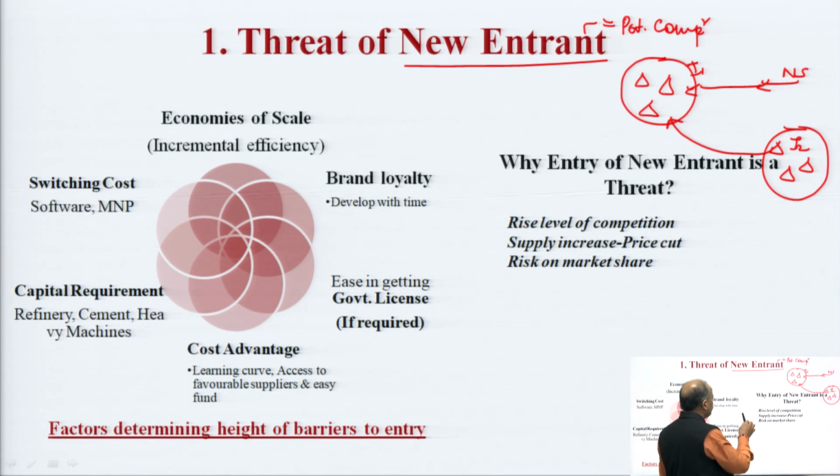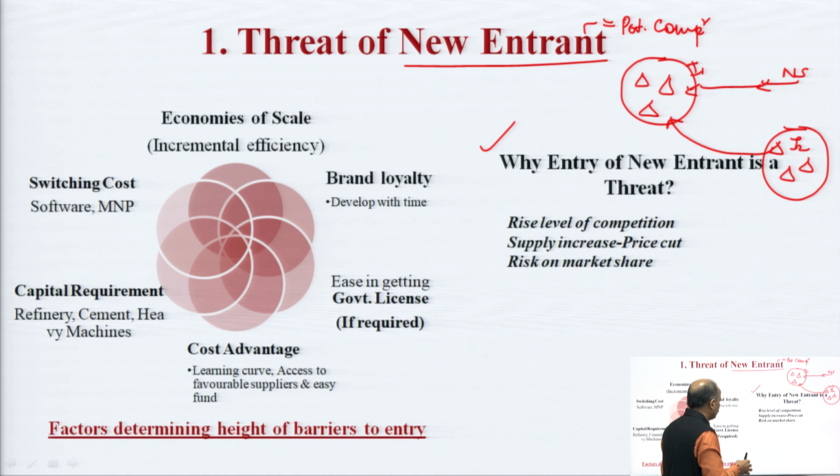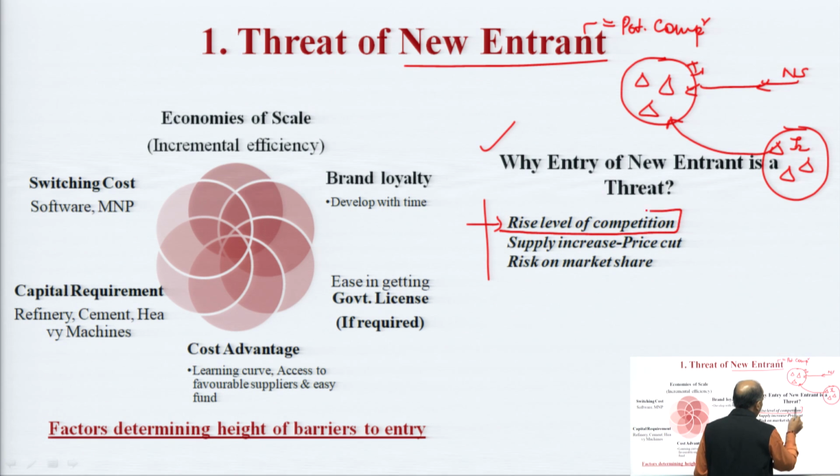Now, the second thing we should answer is why the entry of a new entrant is a threat. There is a very obvious answer to this. Number one, any new entrant will raise the level of competition. Why?